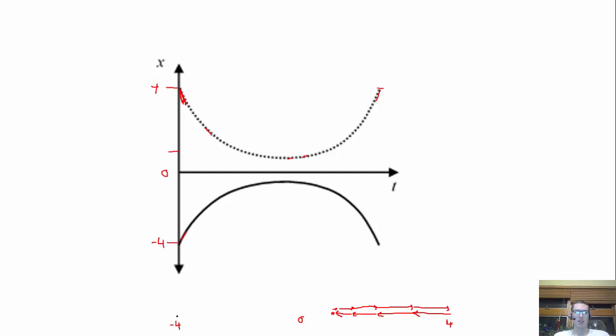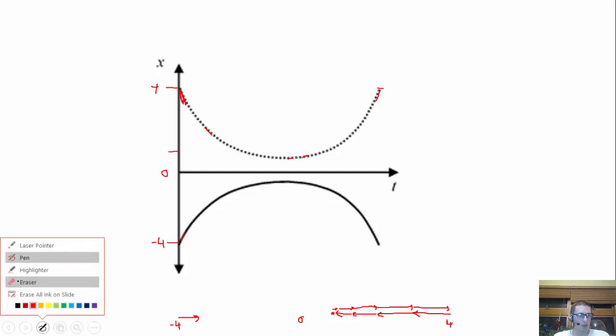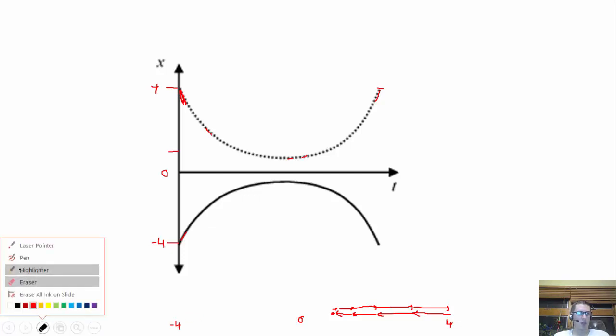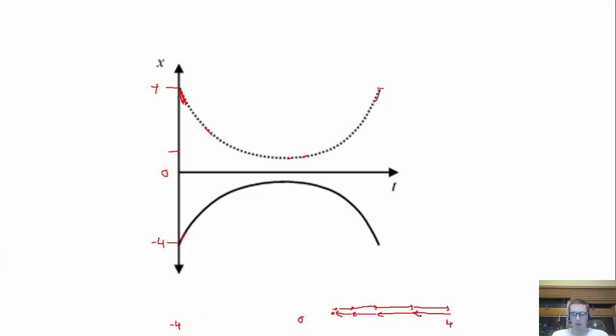It starts with a fast velocity moving towards, not 4, but the origin. So maybe I'll even try to make those a little bit better. We'll move it back here. So we'll make them very comparable in a given time period, 1 second.